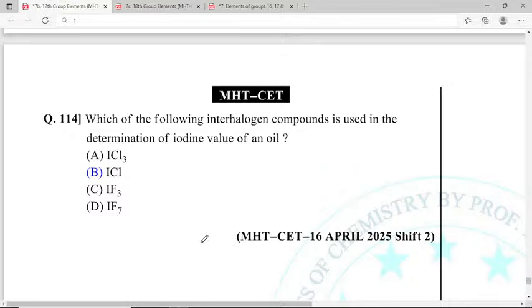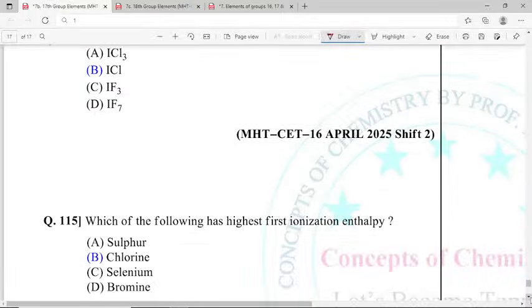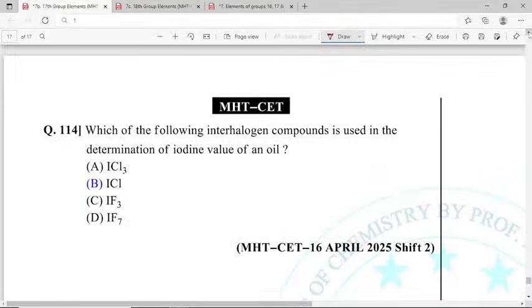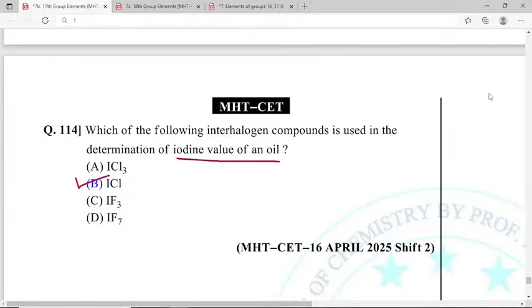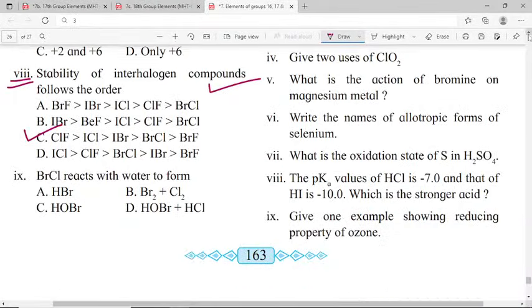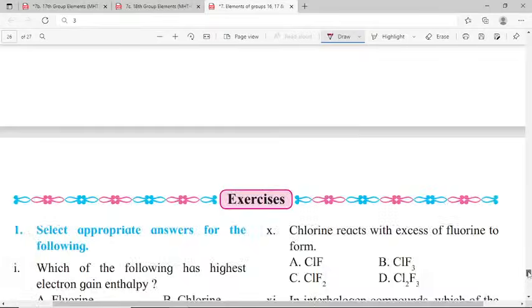Which of the following interhalogen compounds is used in the determination of the iodine value of oil? ICl.